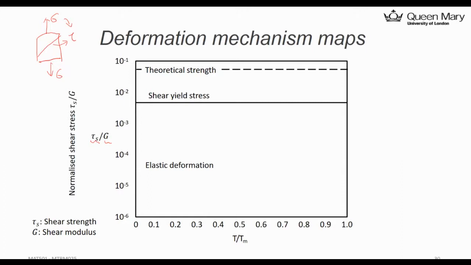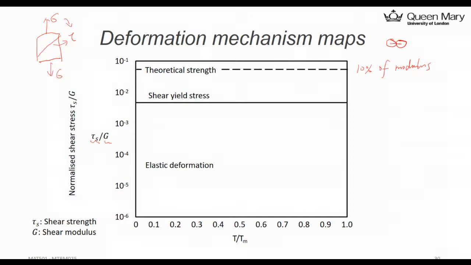So if you remember, theoretical strength of a material is normally about 10% of your modulus that characterizes the atomic bond.